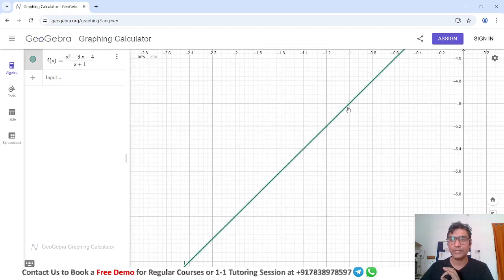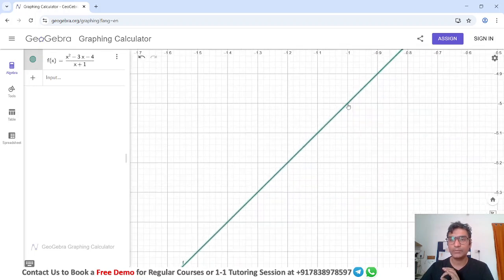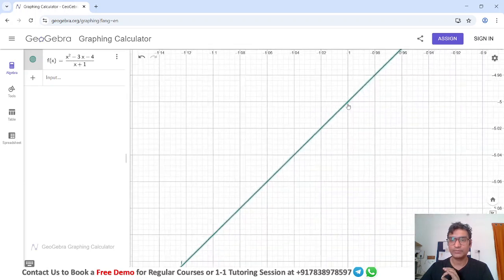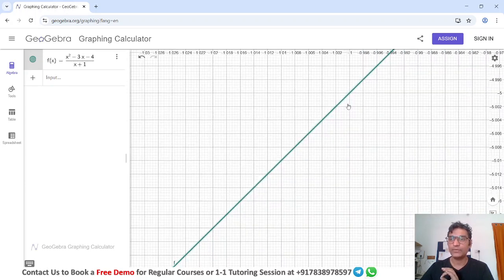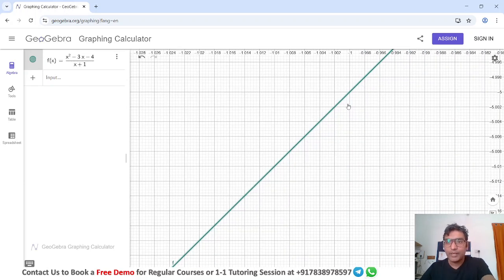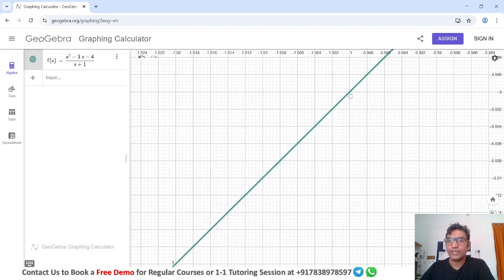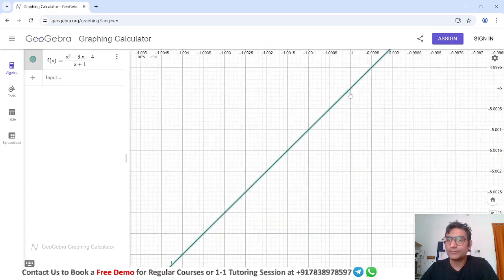If I keep zooming in, here you see, I'll keep zooming in. I'm trying to find the value. As you can see, when my number is approaching negative 1 either from the left or right, my answer is also always approaching this negative 5. Okay, but let's zoom in.